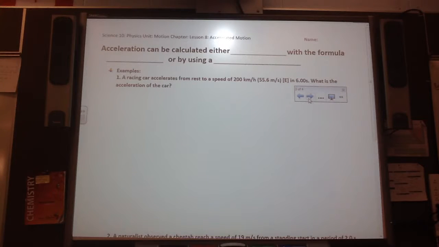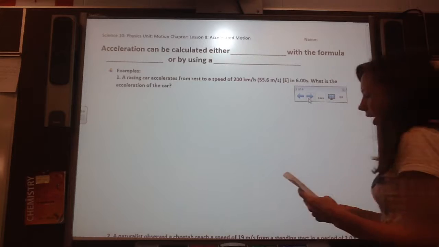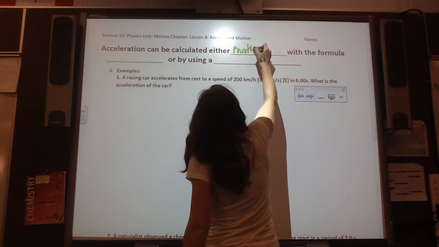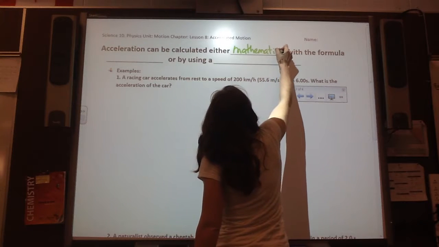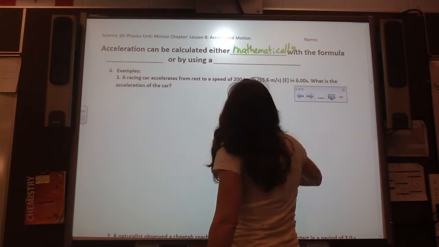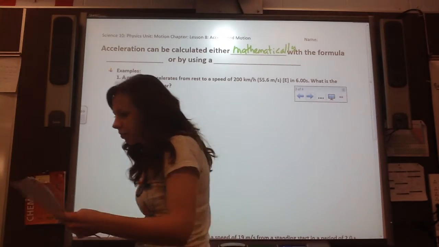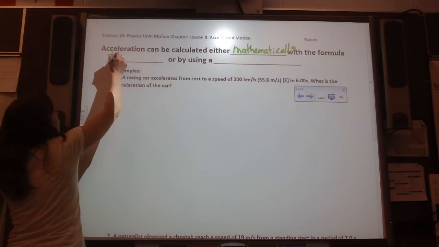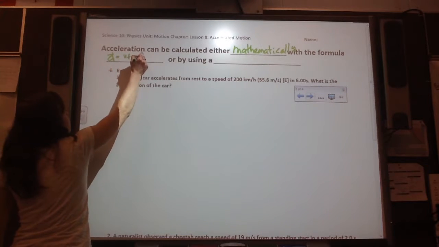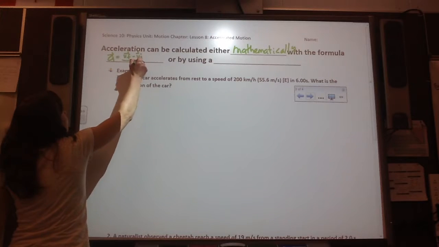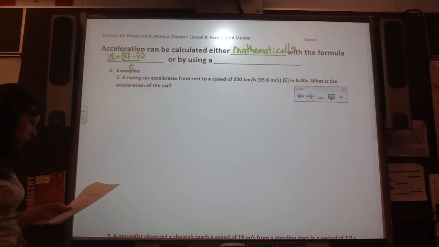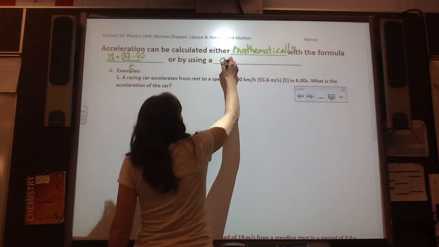Okay, so acceleration can either be calculated mathematically with a formula. So our formula is A equals VF minus VI over T. Or by using a graph.